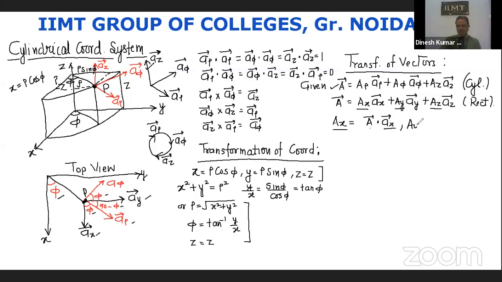Similarly, Ay is vector A dot unit vector ay, and the Az component is vector A dot az.